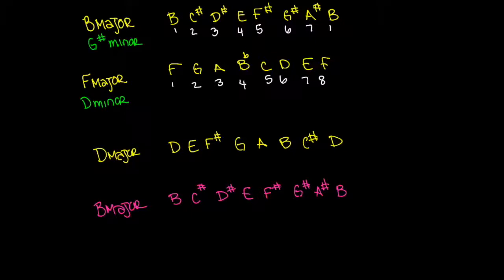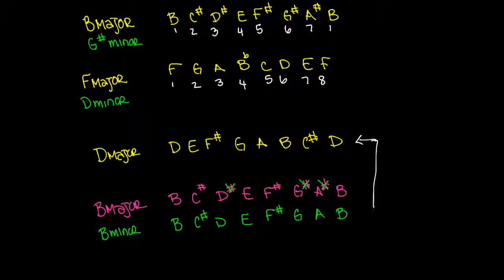And we know that to make our B minor scale, we have to flat 3, 6, and 7. And so we're going to simply do that. When we do that, we're going to have B, C sharp, flatting our 3, D, E, F sharp, flatting our 6, G, flatting our 7, A, and then back to B. And here what you should notice is when I look at this D major scale, comparing it with this B minor scale, they have the same notes.